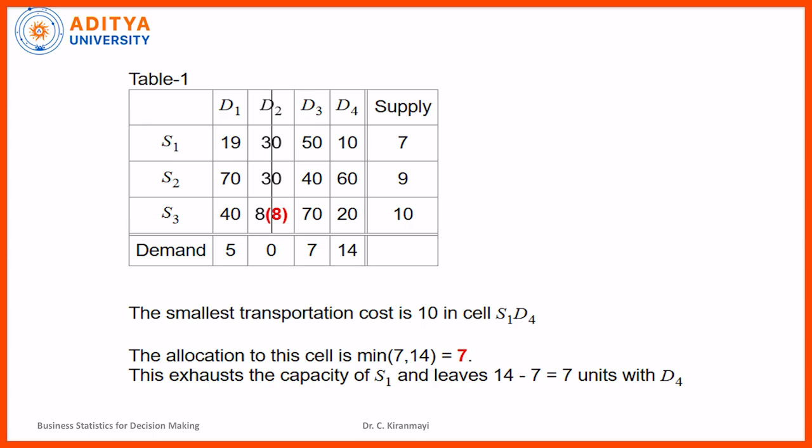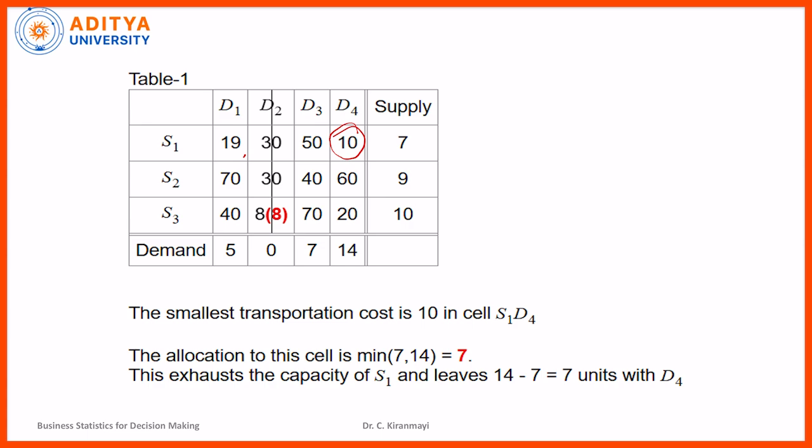Among all the other costs, again find out which is the next least cost. Here it is 19, 70, 20, 40, 50, 40, 70. Among all, 10 is the least cost, that is cell 14. So, to this cell we make the allocation.